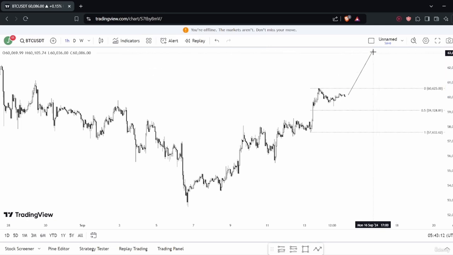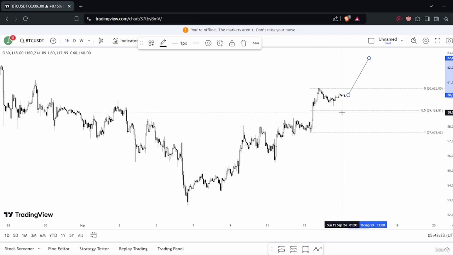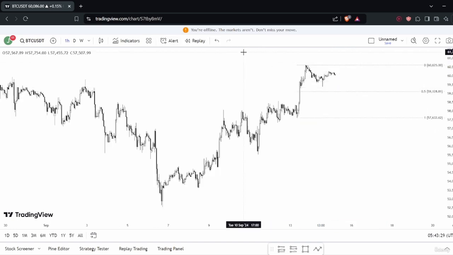What we care is once price goes lower. Once the price goes lower, we are looking for trades. If it continues higher, we'll just look for the new structure. Once we have the new structure, we enter the trade, right? That's what we're looking for.